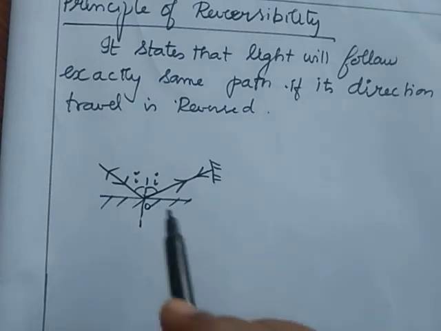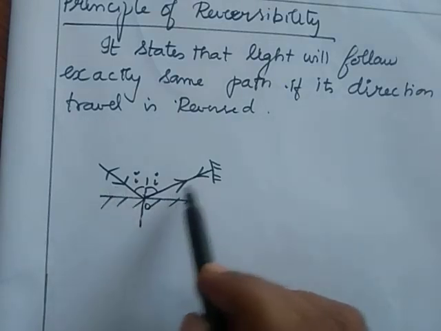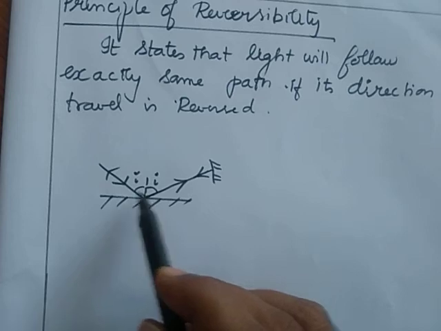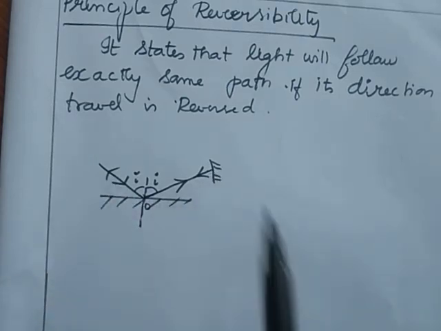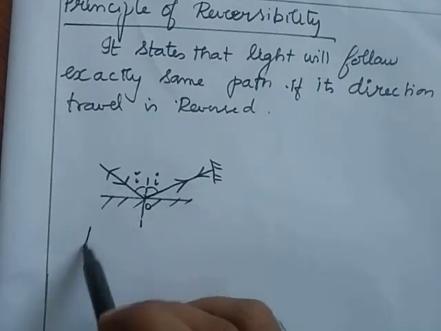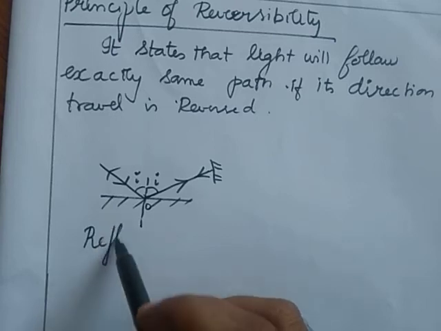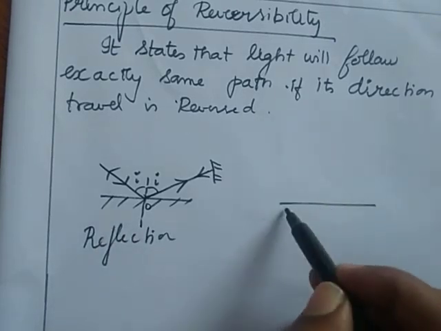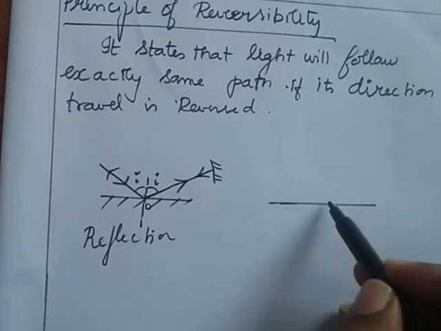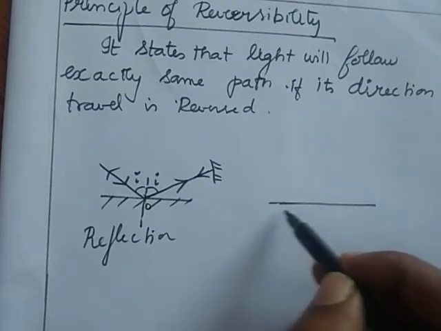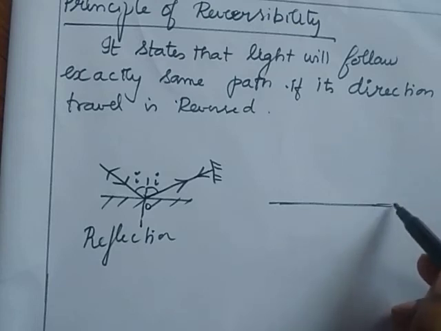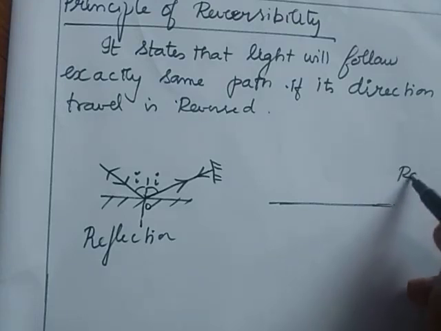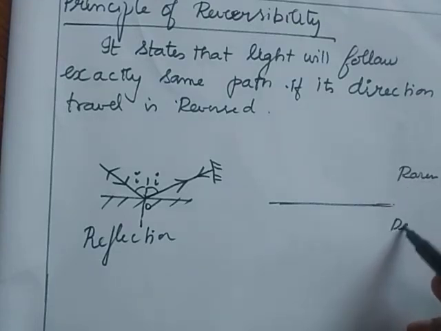Here the light will follow the same path whatever it went when the direction of travel is reversed. This is for reflection. It will also obey for refraction. Here I consider a boundary that separates two layers, one is rarer medium, another one is denser medium.